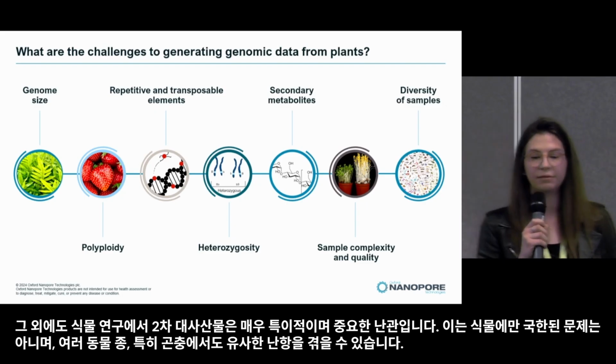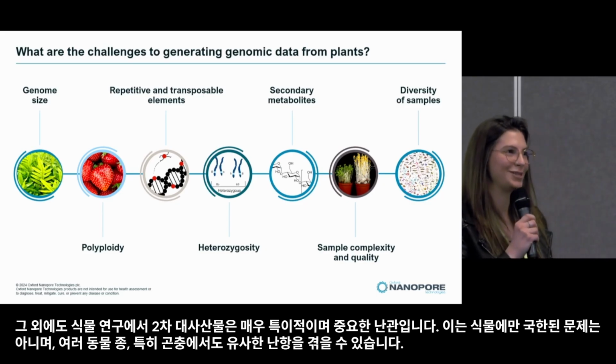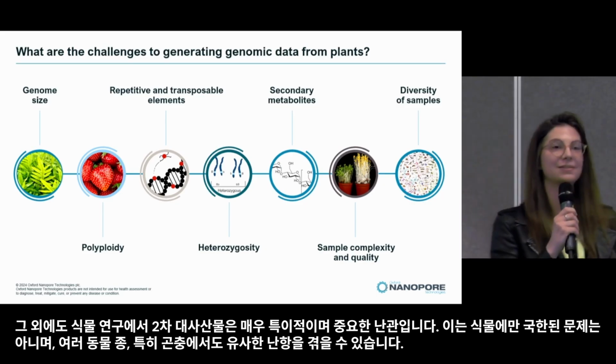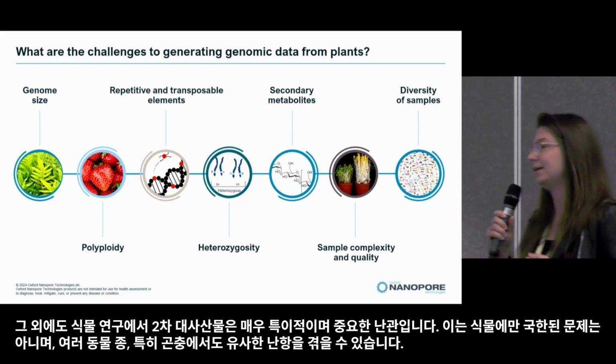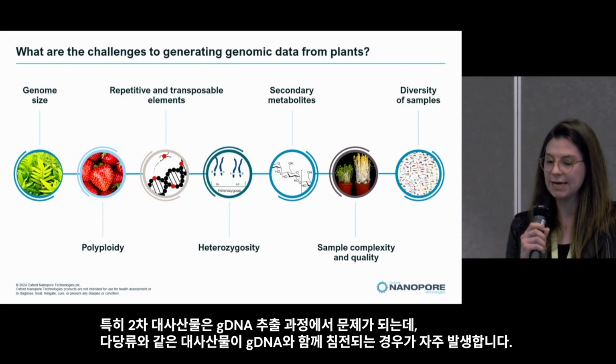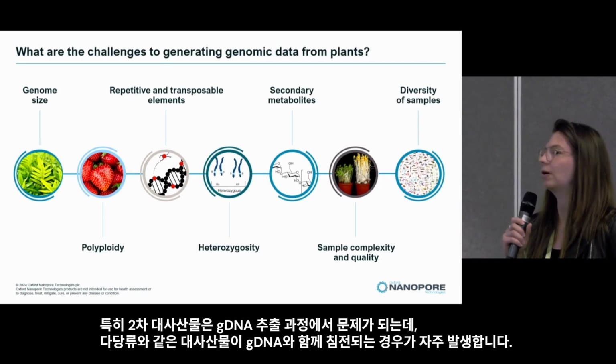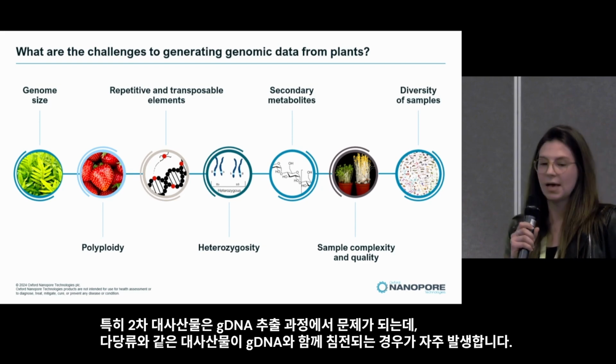Now, beyond that, things like secondary metabolites truly pose unique challenges to plant species. This is true as well of many animal species. Insects can have issues as well. And this in particular is an issue when we're talking about gDNA extraction.